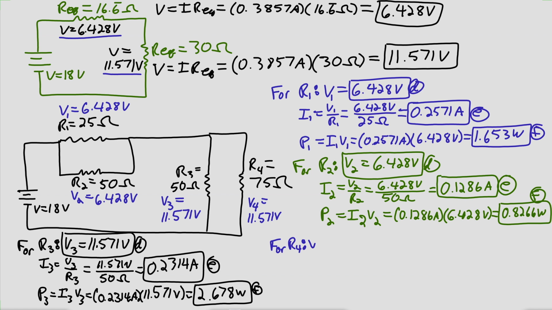For R4, V4 is 11.571 volts. I4 is going to be V4 over R4. 11.571 volts over R4, which is 75 ohms.